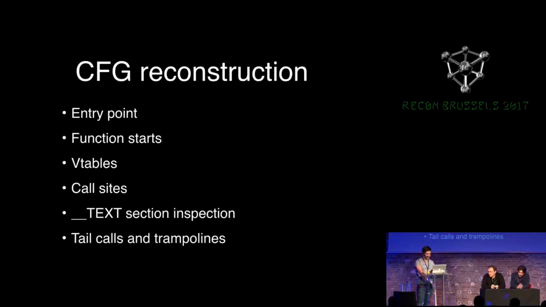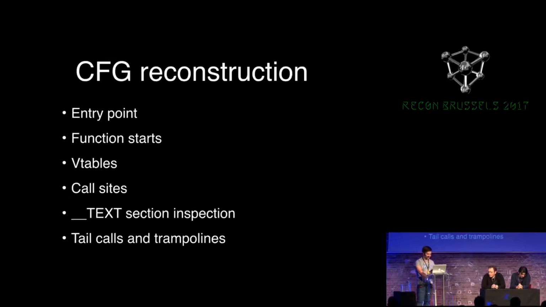For example, function addresses from the Objective-C class definitions or virtual function addresses from Swift or C++ virtual tables. The algorithm recursively traverses all the functions at known addresses and creates a control flow graph for each recovered function.